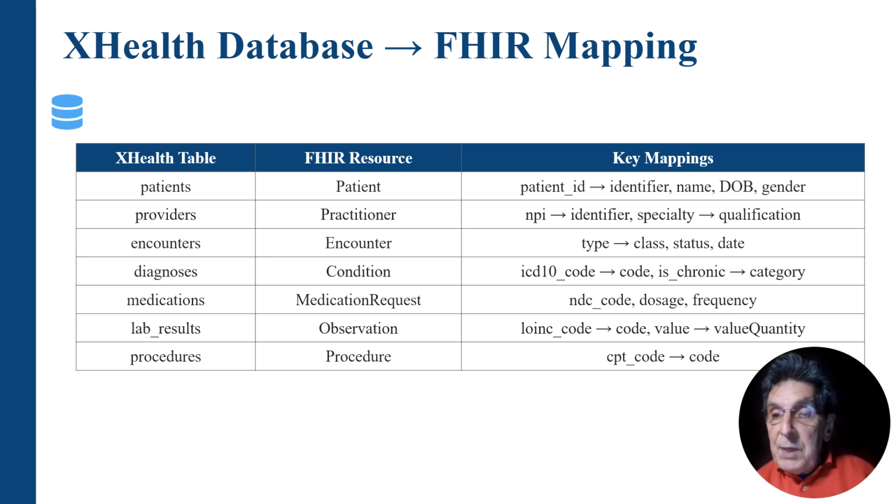And finally, the procedure table maps to the procedure resource. The CPT code maps to the code within the CPT system. This alignment is intentional. When you understand both the database structure and the FHIR resource model, you can see how data flows from SQL, Postgres, to the FHIR system and back.